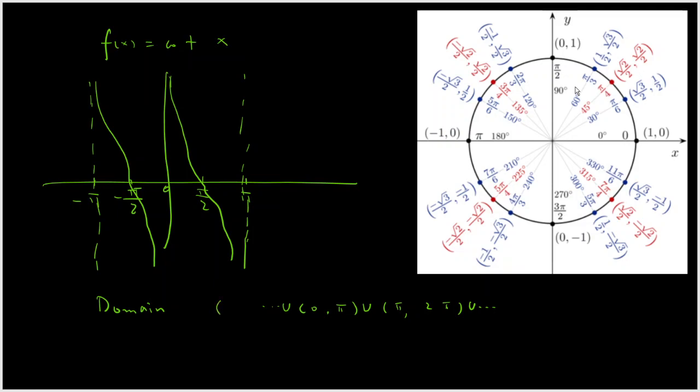On this side, you have the open interval from negative pi to 0, right? I think you know what I mean already. And then union forever.